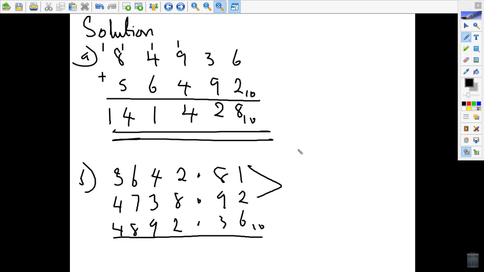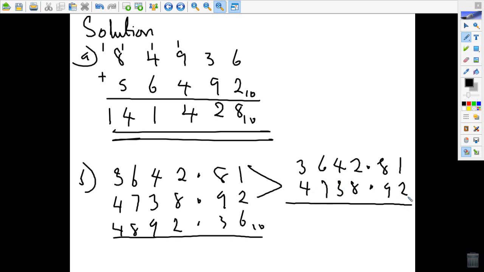This and this. We have 3, 6, 4, 2.81. They have 2, 9.8374. Now add it together in base 10. This plus this is 3, it's not up to 10, write down 3.